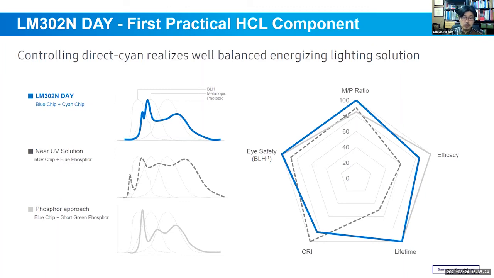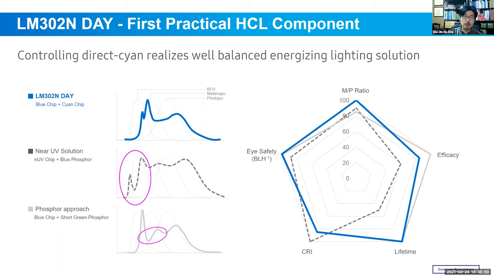The third approach is kind of a minimal type of improvement in the MP ratio. But this one actually gives you potentially higher efficacy because it didn't really sacrifice anything in order to achieve a little bit of higher MP ratio. So efficacy-wise, this is the best approach.